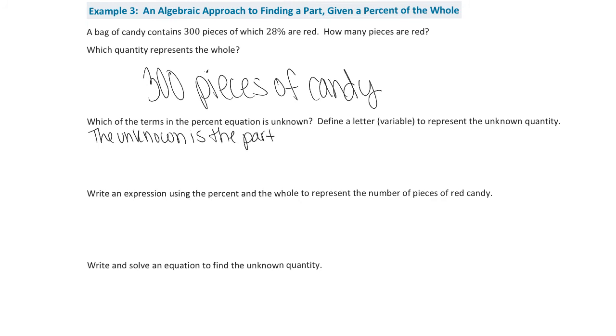And our part is the number of red candies. Now we're going to let R as our variable represent the number of red candies.